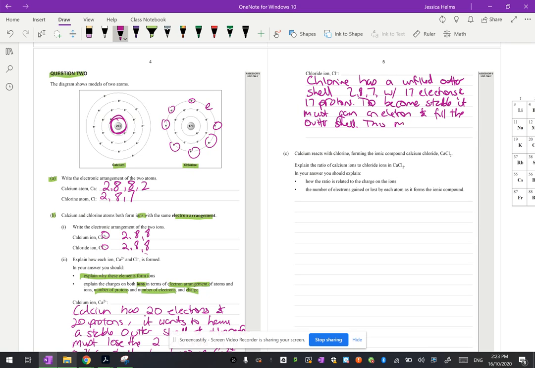This makes the ion Cl minus with electron arrangement of 2, 8, 8. It's negative as it has 18 electrons and 17 protons. Okay, so it has more negative than positive.